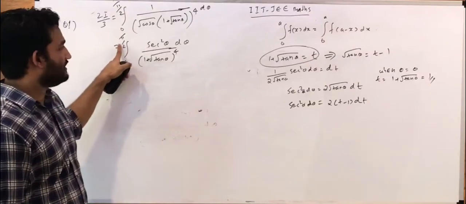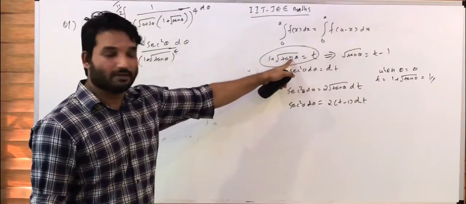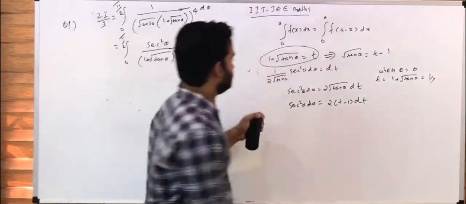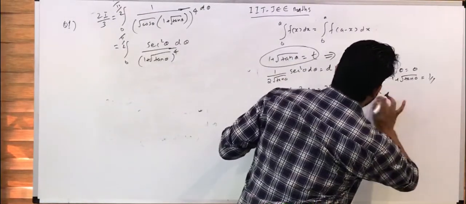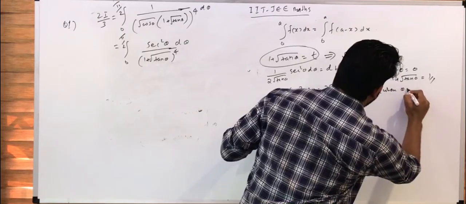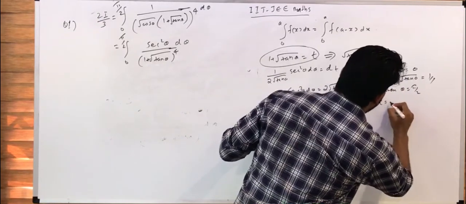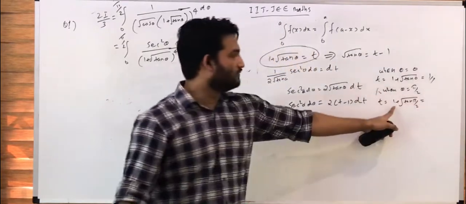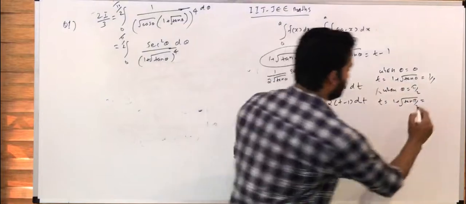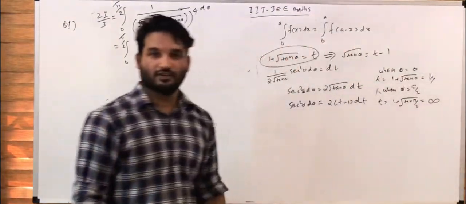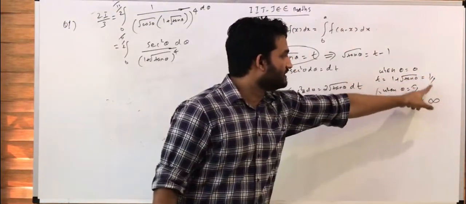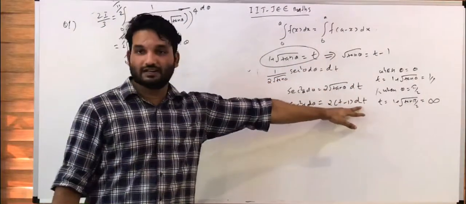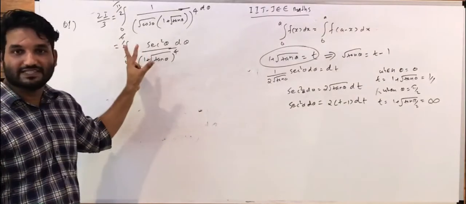Similarly, when theta equal to pi by 2, substitute theta equal to pi by 2 here, we get the new upper limit of t. When theta equal to pi by 2, t equals 1 plus root tan pi by 2. This is 1 plus infinity, that is infinity. So we need to substitute this lower and upper limit for the new variable t to evaluate this integral.